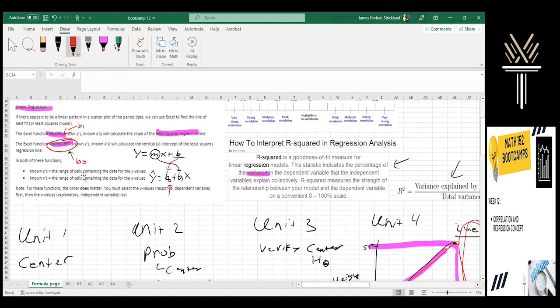And so what b naught actually means in the real world is that it is our starting value, or our initial value, where this represents the change per 1x.